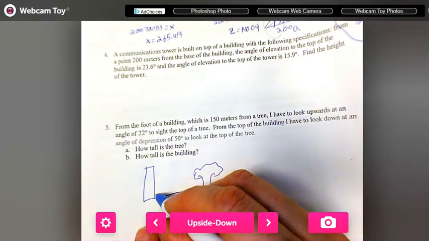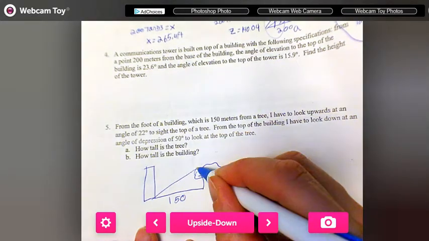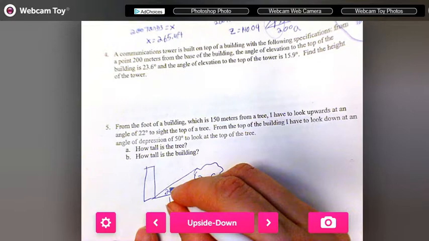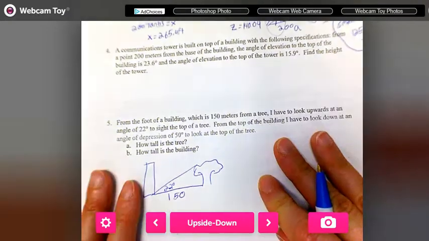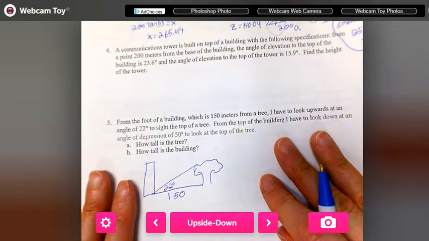So for here, to sight the top of the tree, it's 22 degrees. I'm standing at the foot of the building. Okay? Why don't we just stop right there? Can I figure out the height of the tree now? Yeah. Okay. Let's do it.